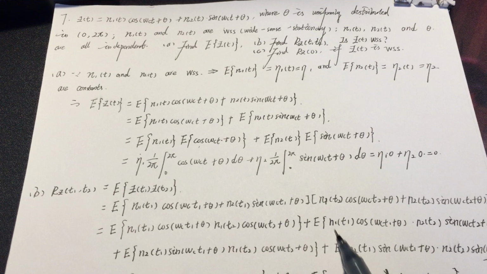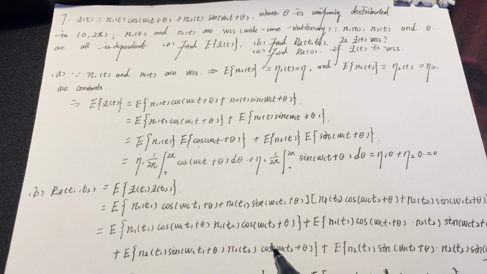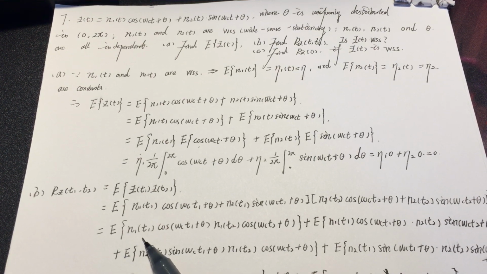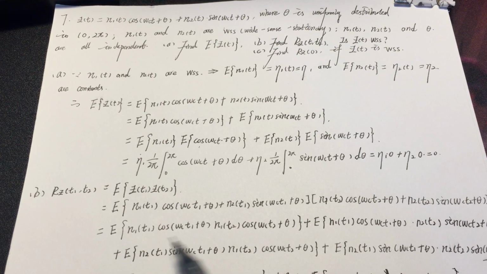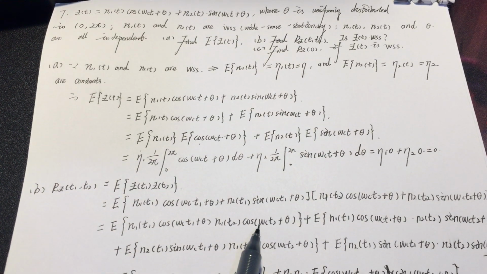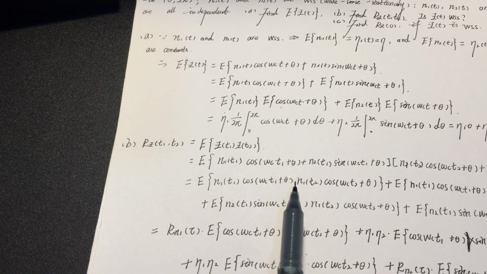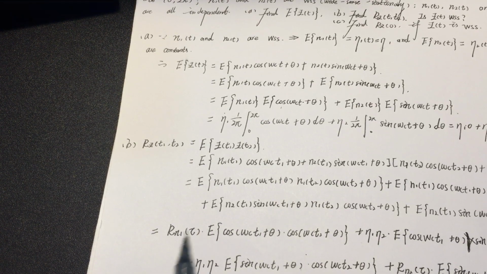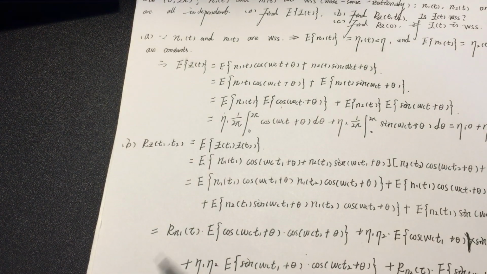and we multiply them apart. We get 4 individual parts, where the first part equals R_N1(tau), because we have N1(t1) and N1(t2). We can pull them apart, and it is equal to R_N1(tau).